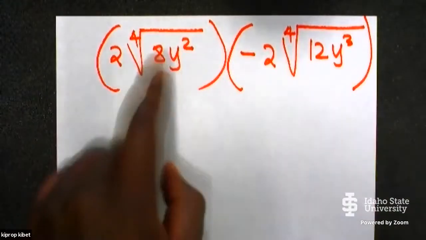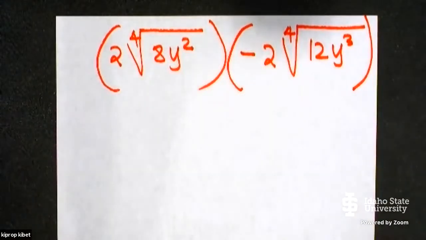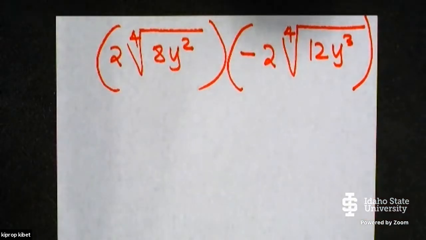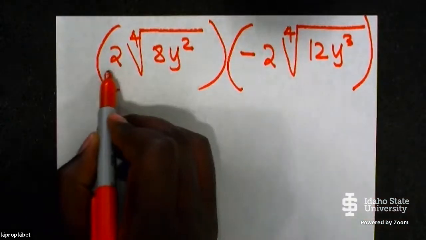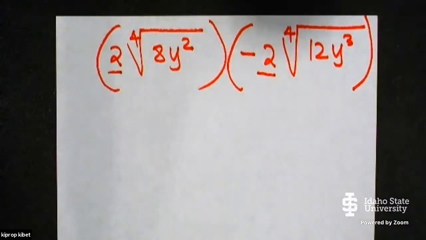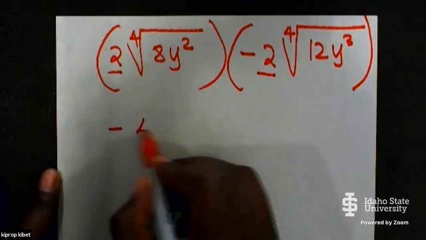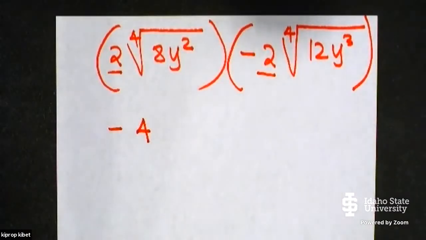So it is not this minus this. So it is multiplication. So how should we multiply that? So we can multiply first of all the coefficients, which we get what? Minus 4. Okay? So that's the first step.